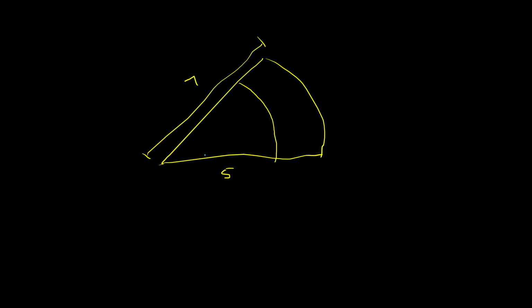Now we can say this is the angle theta, and what would be the angle if this arc is maybe, let's make this 5. To get the angle, remember we say angle is the arc length divided by the radius, and this is 5 divided by 5, which is just 1 radian.